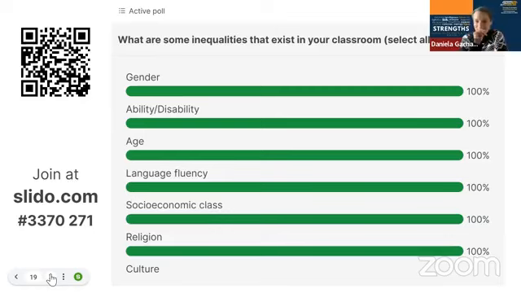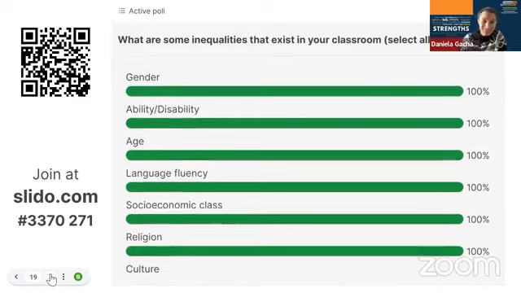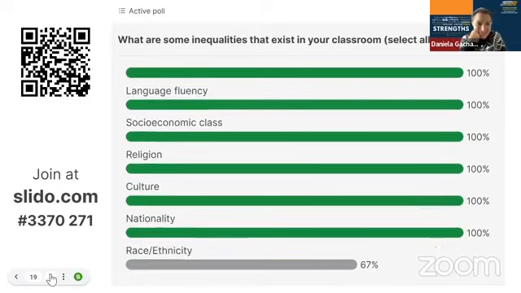So it looks like all of these are inequalities that exist in your classroom. Let's see if there are some that are more prominent. The only one that is not as prominent, it looks like, is race and ethnicity, which is interesting. Because in South Africa, that would be the first one that people take. But again, there are cultural differences, and it all depends on context.